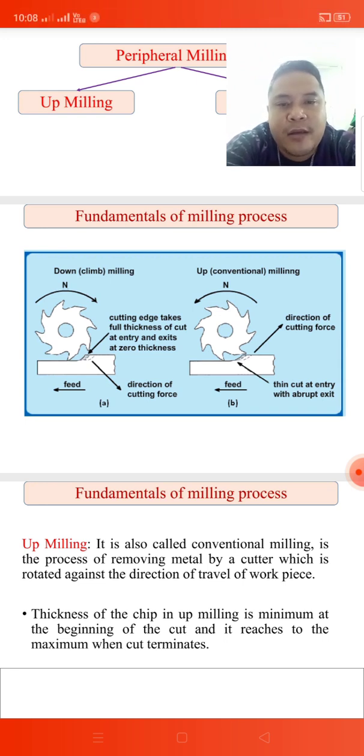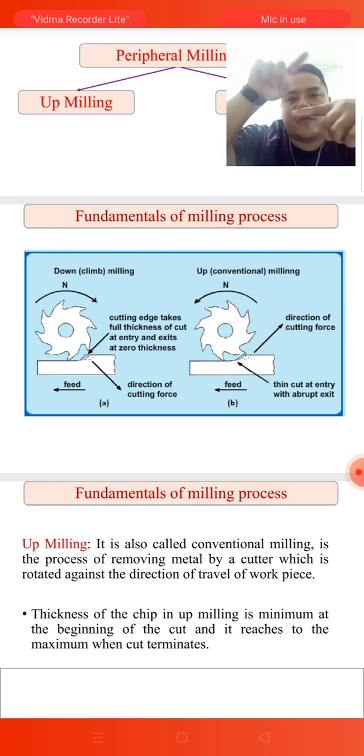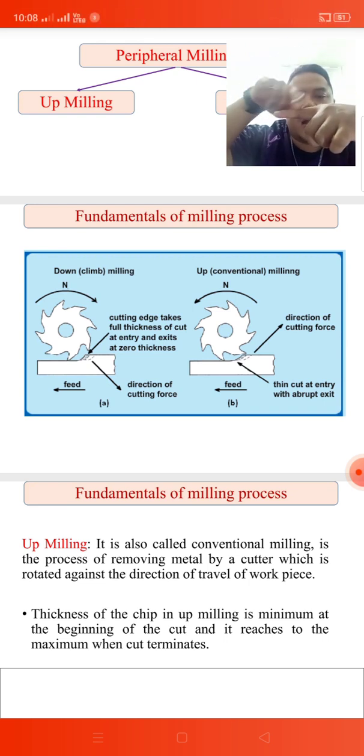In the up milling, ang rotation is counterclockwise, then the feeding also in left side, pero opposite na sila og kanang pressure, no? Against siya, ang movement sa cutter or rotation of the cutter is against to the motion or the feeding of the workpiece, no? Padung diri ang cutter, then ang workpiece padung dito sa left side. So against siya. So ang iyang cutting force is padung babaw.